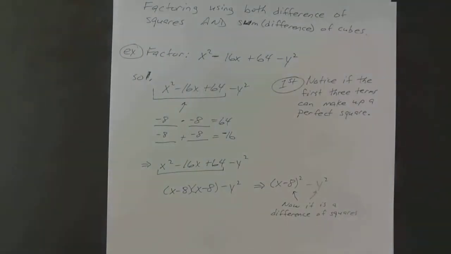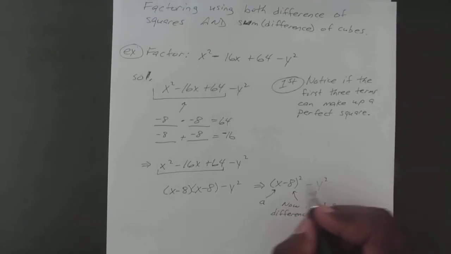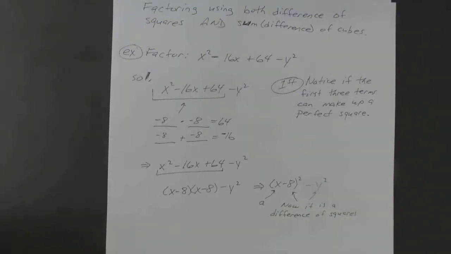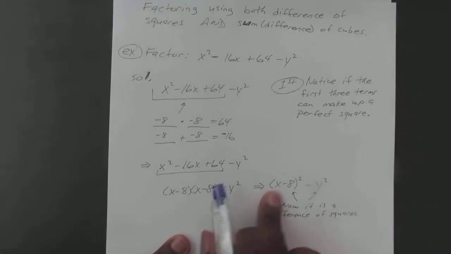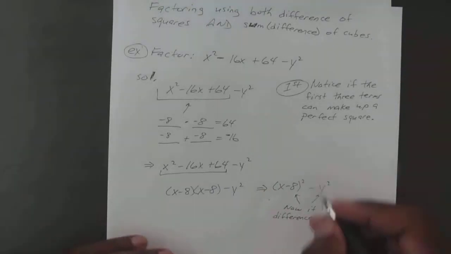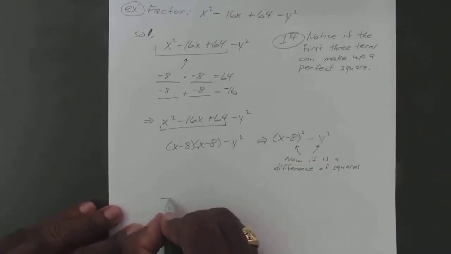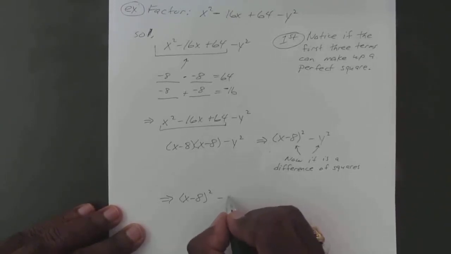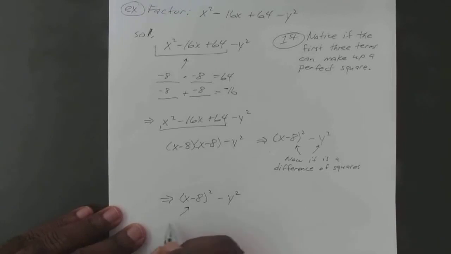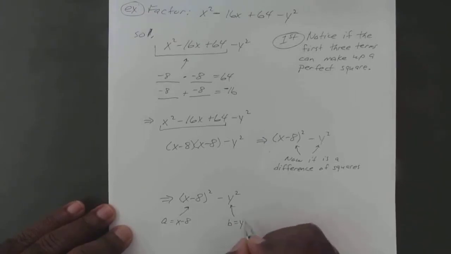Okay. But in this case, remember that's your A. I'll move that up top so everything's not kind of jumbled on the bottom. Okay, now move that down here. So x minus 8 squared minus y squared, your A is equal to x minus 8, and your B is equal to y.